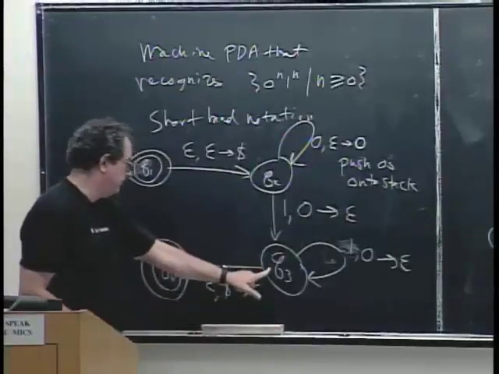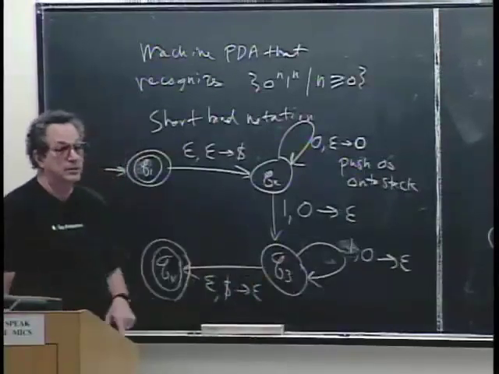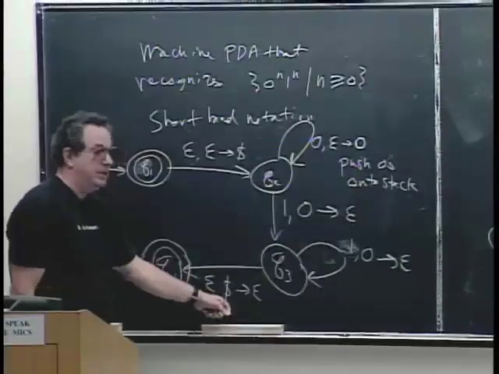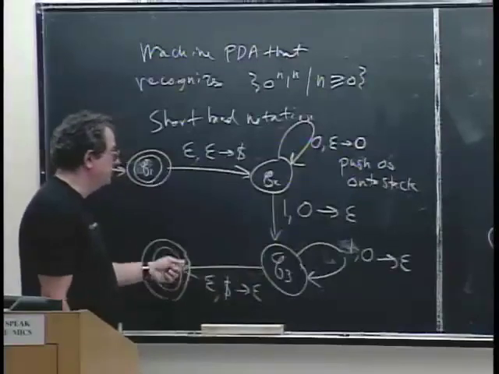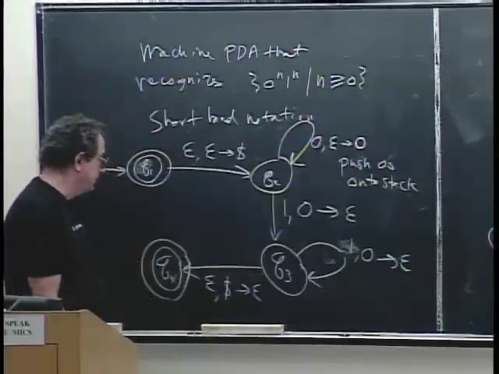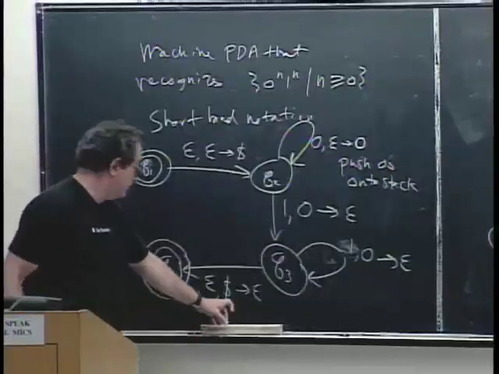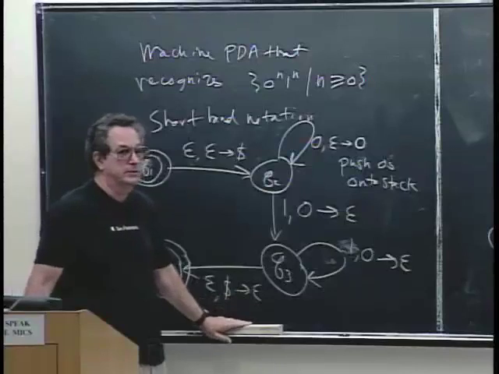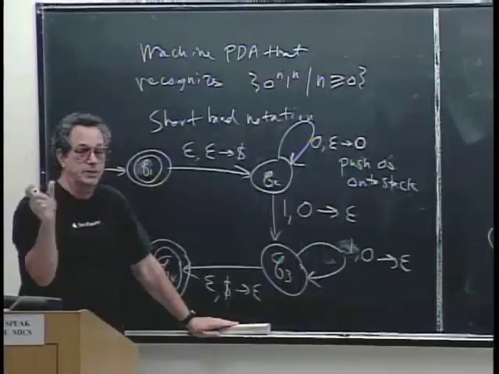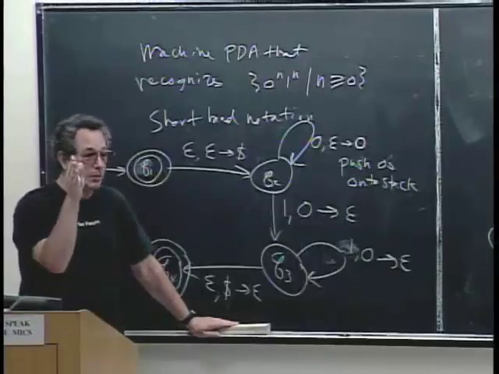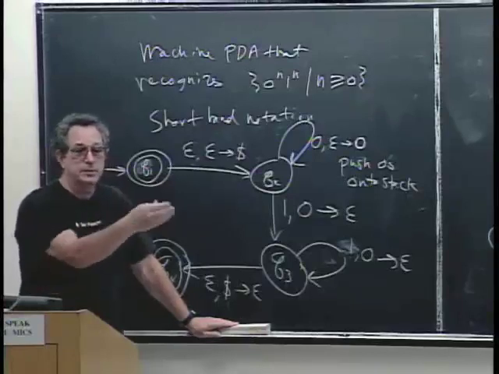So if we go over here too early and there's still symbols left in the input, the stack might be empty, but the input sequence isn't fully consumed. And what would that mean? If the stack is empty, but the input sequence isn't fully consumed, then we definitely don't have the same number of zeros followed by the same number of ones. We have some number of zeros followed by an equal number of ones to the zeros we've seen, but there's something left over.